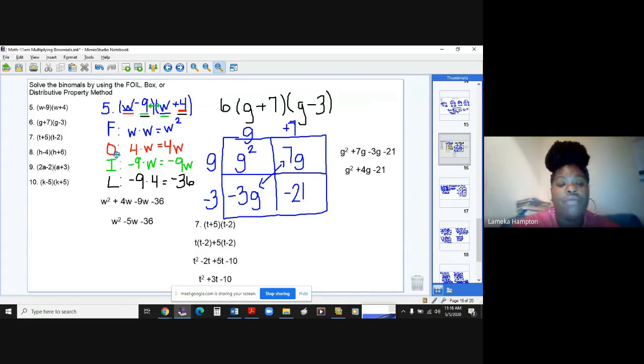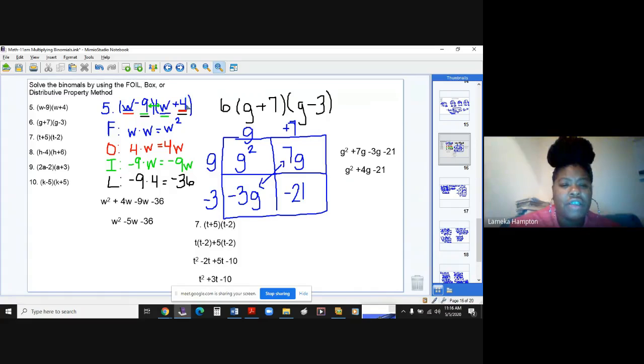So again, I'm going to be using these terms more than once. It's based on where they are as it relates to the binomial. So W is not only the first term, but it's also the outer term when I use FOIL.